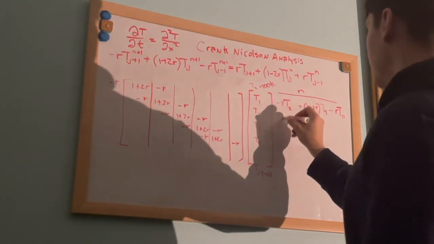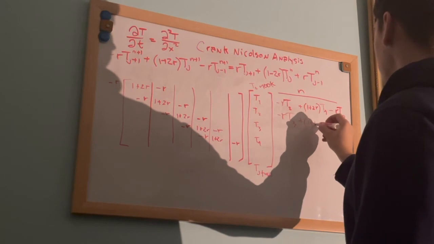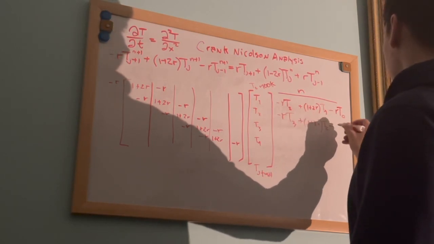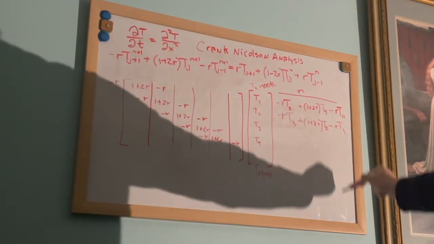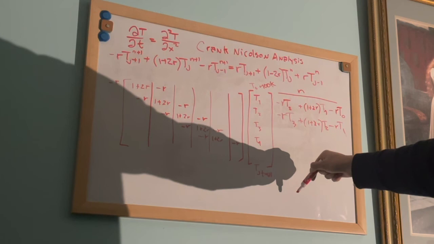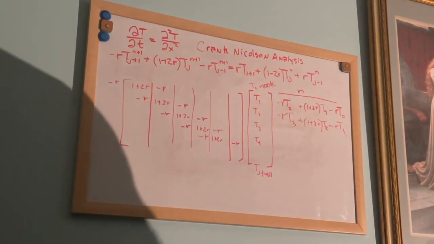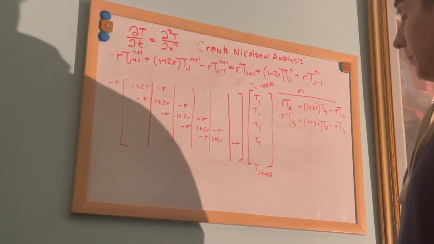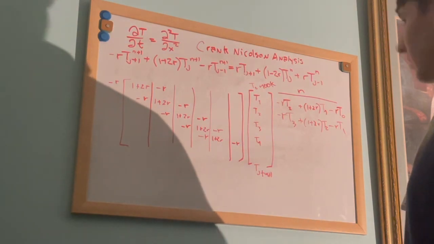Then you would see this would be 3, and then plus 2R, and then 2, and then R1. And you'd see that this would go up incrementally exactly as such. That's the pattern that you would see once you do this matrix multiplication. And that's pretty much it.